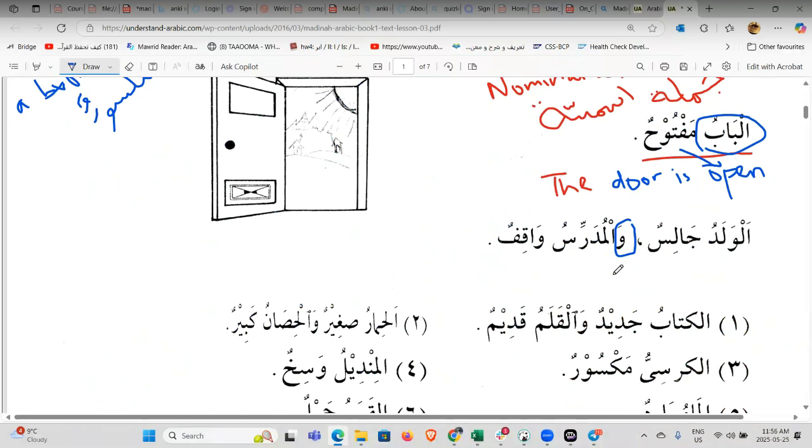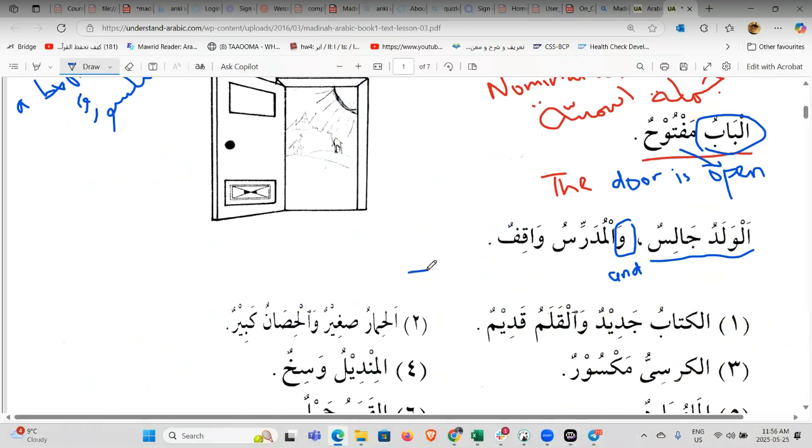Okay, so the next example introduces and. I think we've already seen it. So here we have two sentences that we're connecting together with and. The first one is the boy is sitting. Al-waladu jalisun.